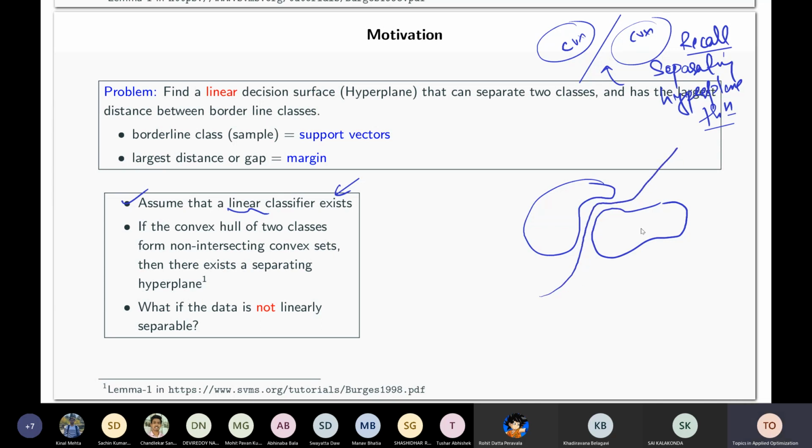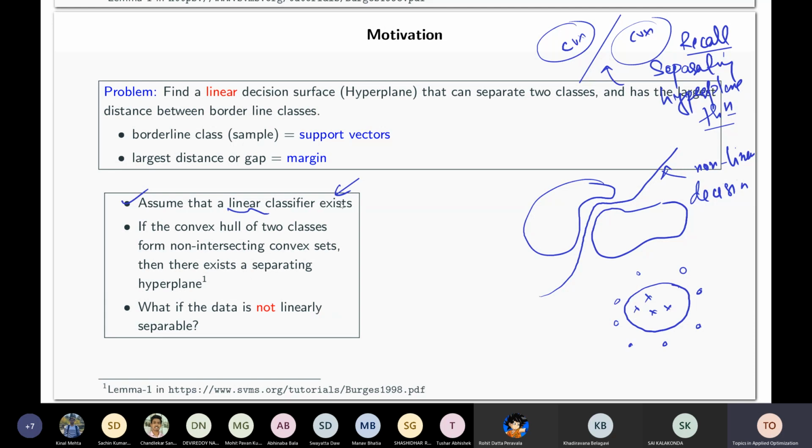We will see how to find a nonlinear decision boundary for this kind of problem. In fact, sometimes the problem can be like this: you have data like this and other data surrounding it, so you need to learn a decision boundary which is a ring type thing. So various types of situations can come.